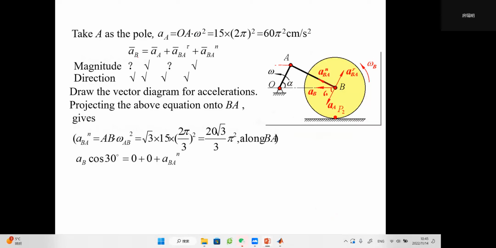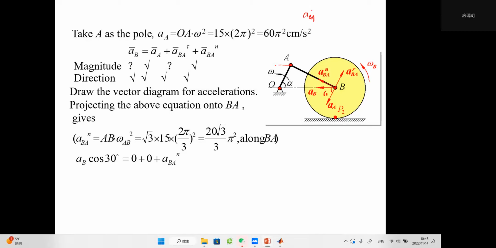And we should use the theorem of acceleration composition, what we have learned. So we select point A as the pole point. So we can write AB equals AA plus ABA tau and ABAN. You know ABA tau, right?